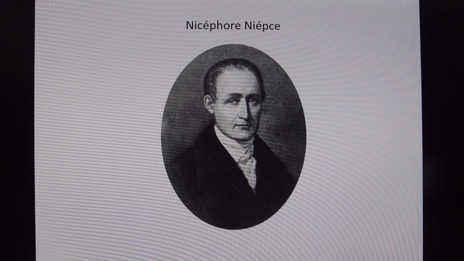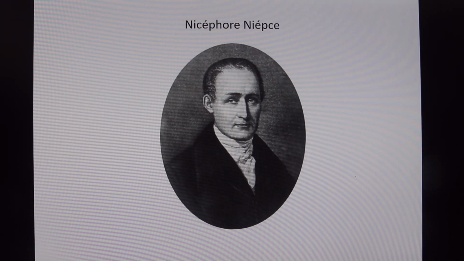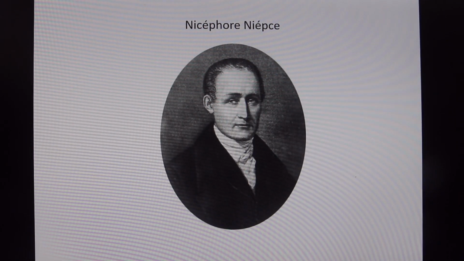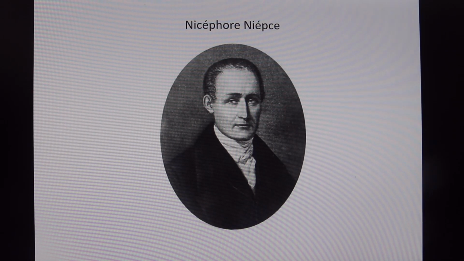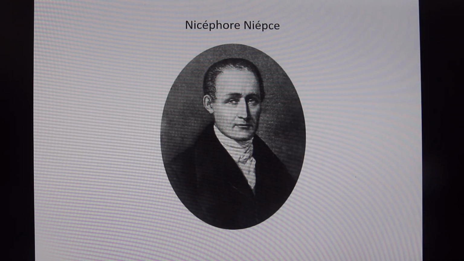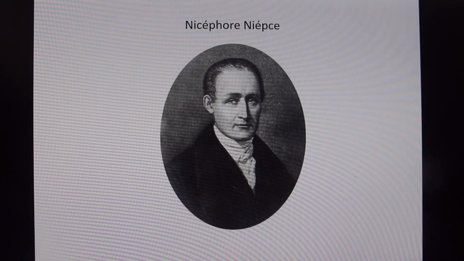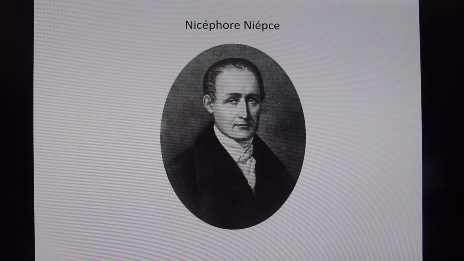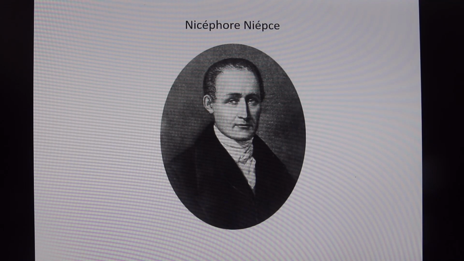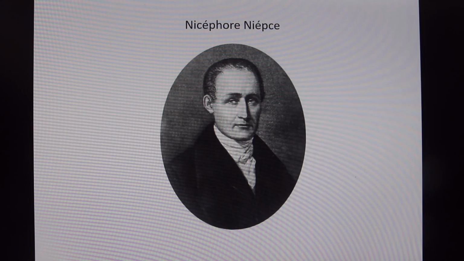Niepce was an amateur scientist, and he was a farmer actually. And he was interested in fixing the image to, in his case, a piece of glass. They kind of knew already that you could sensitize a surface by using silver, a silver coating.